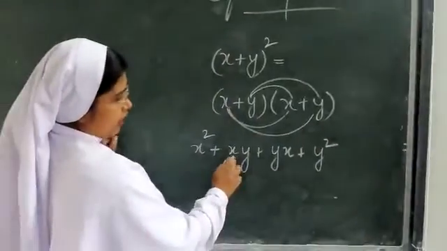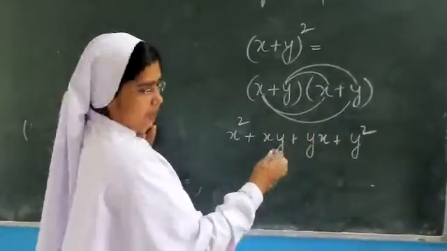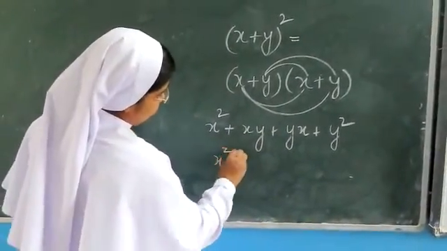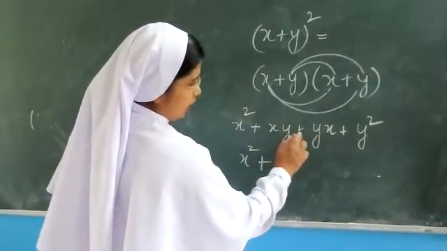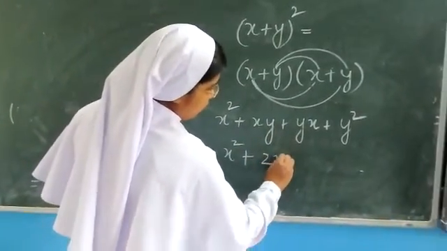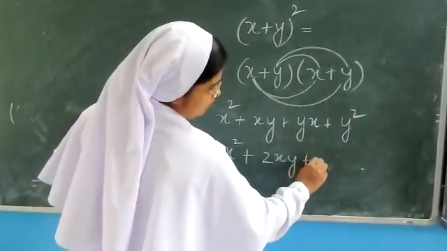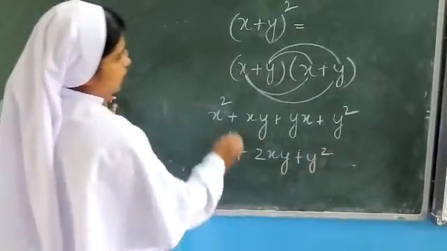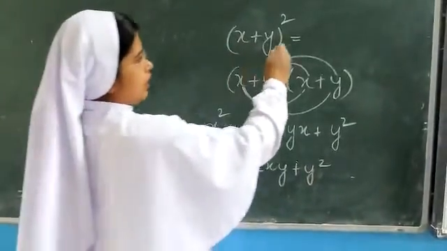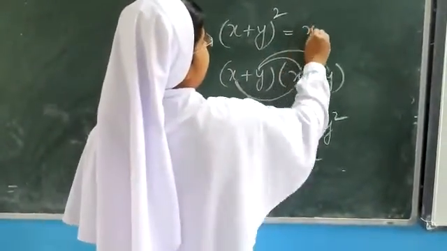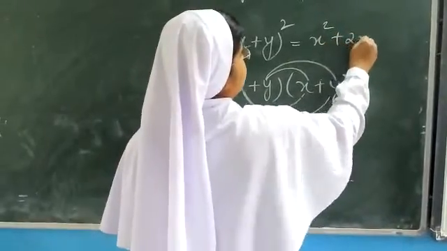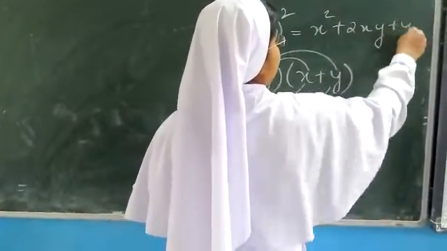So xy and yx are the same. So we can write x square plus 2xy plus y square. So what is the formula? x plus y the whole square is equal to x square plus 2xy plus y square.